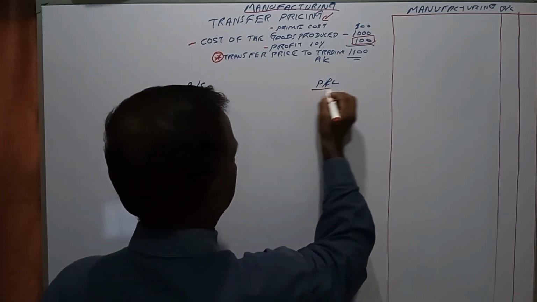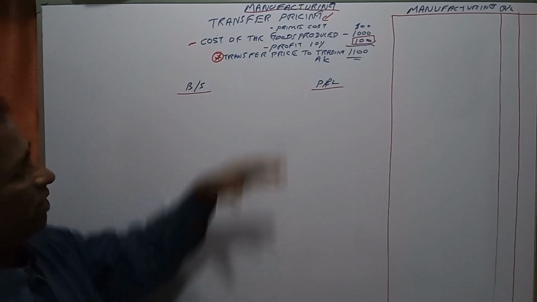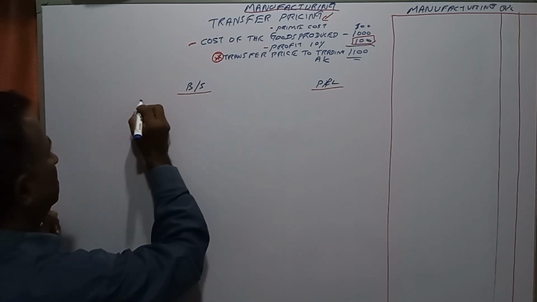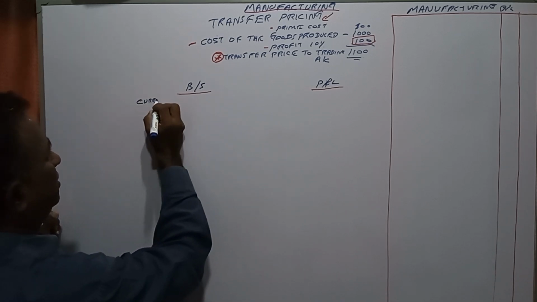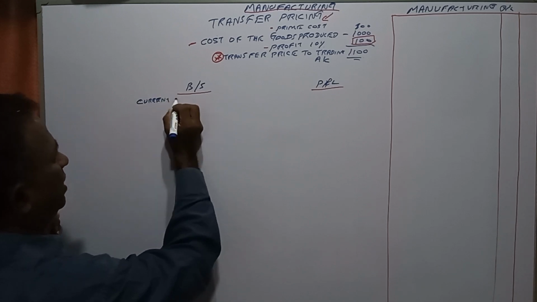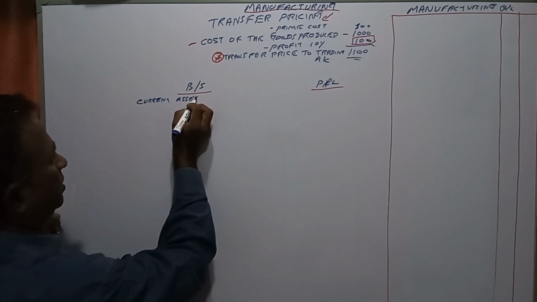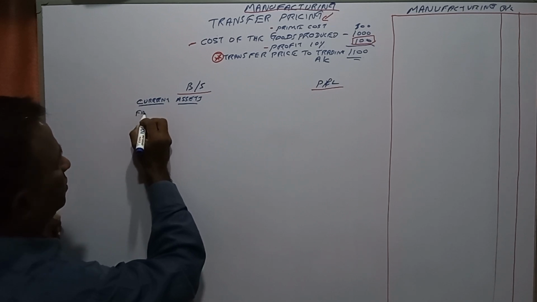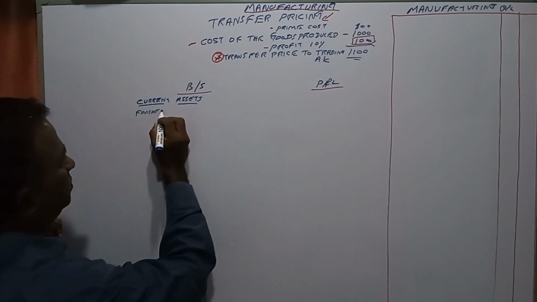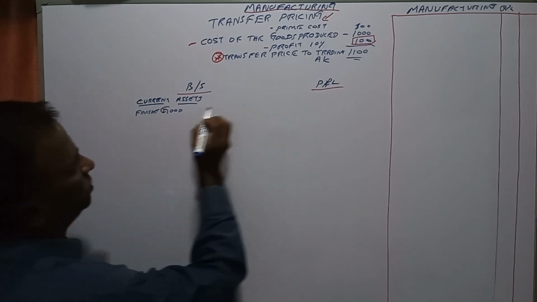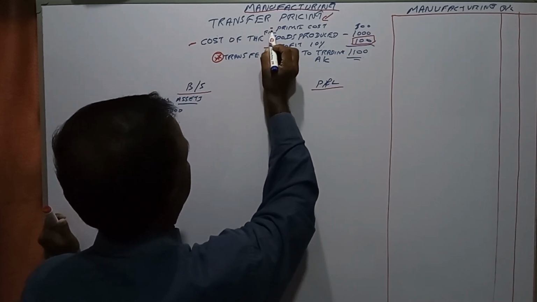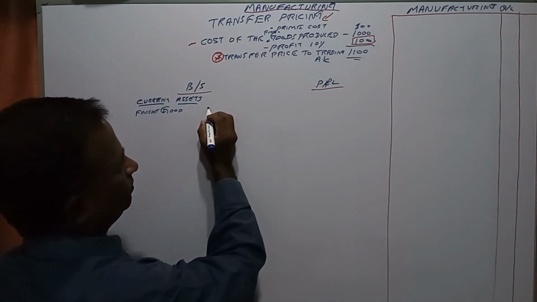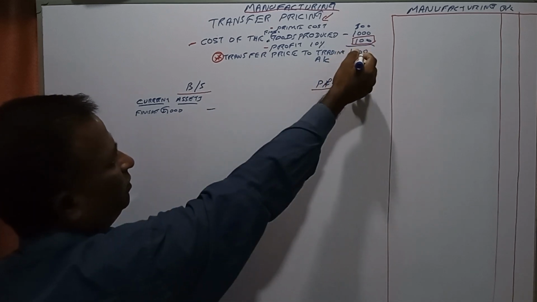This is the profit and loss account. In the balance sheet under current assets, we mention finished goods, cost of the finished goods produced. We cannot mention this 1100.